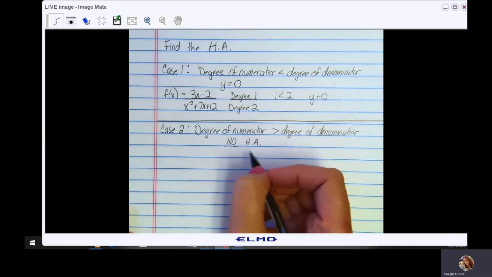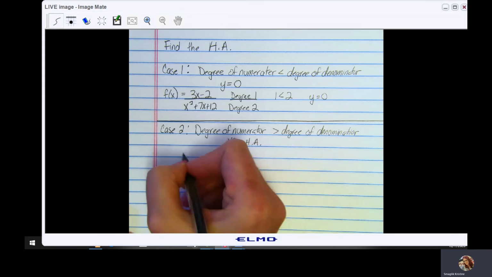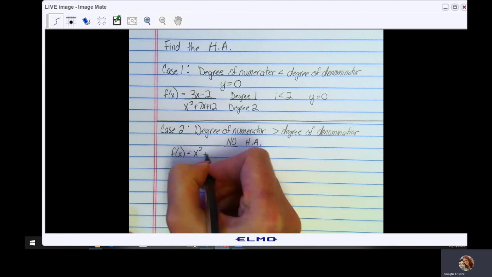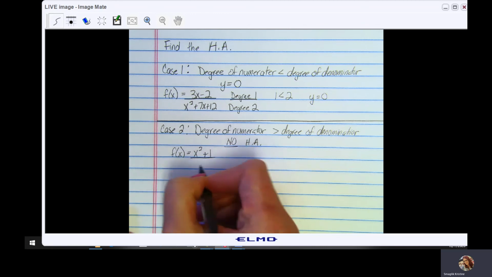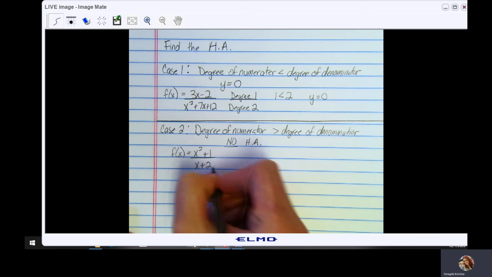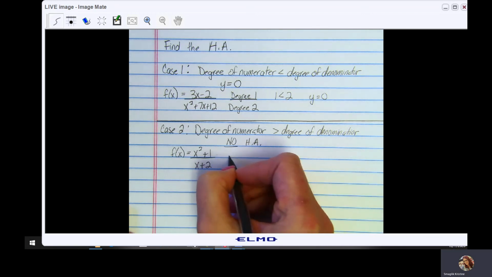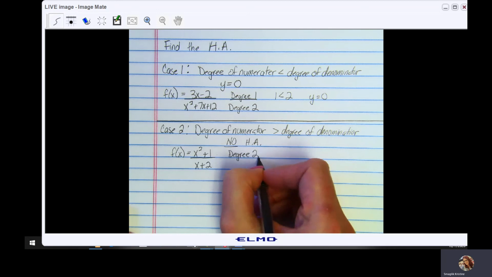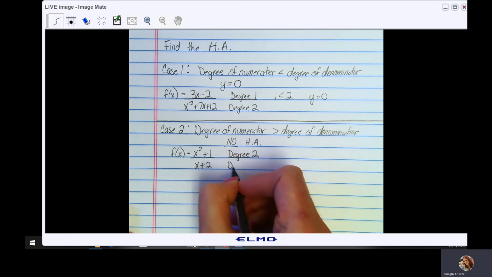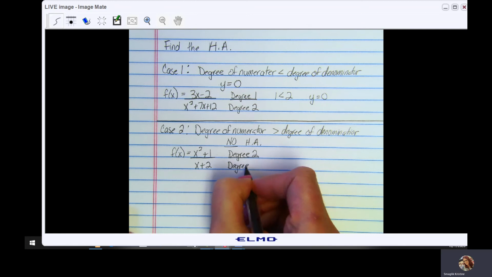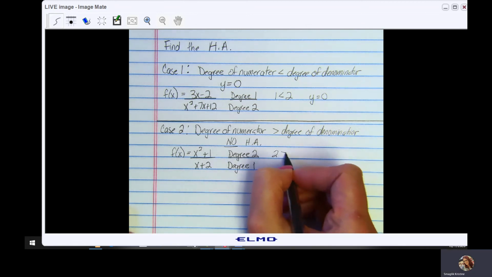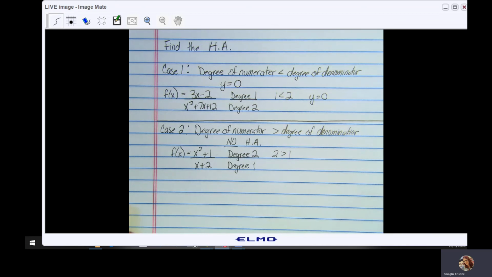So for example, if we do f of x equals x squared plus 1 all over x plus 2. So my degree of my numerator is 2, and the degree of my denominator is 1. Well, 2 is greater than 1. Therefore, there is no horizontal asymptote.